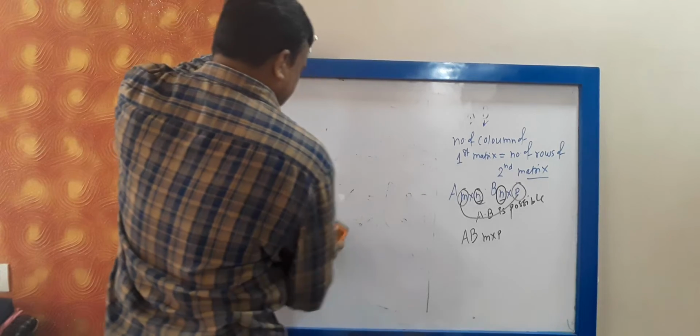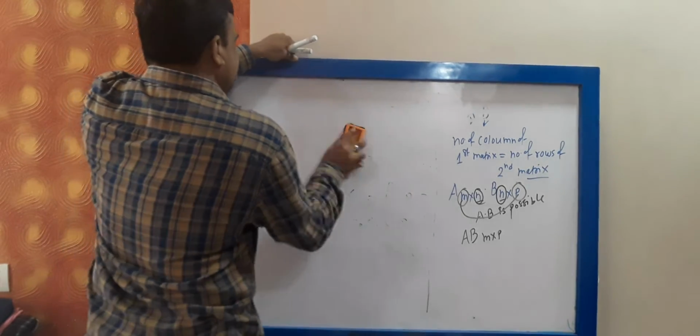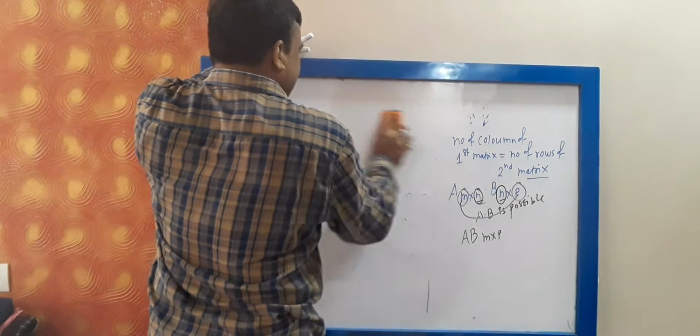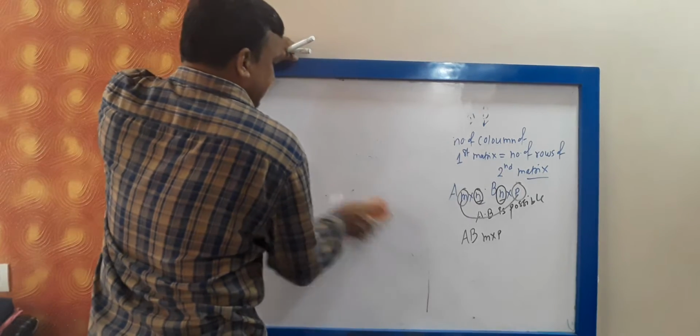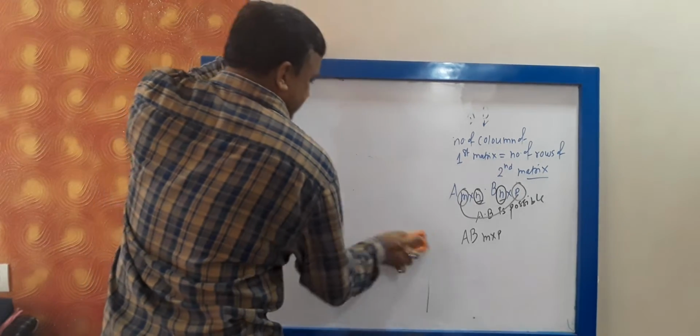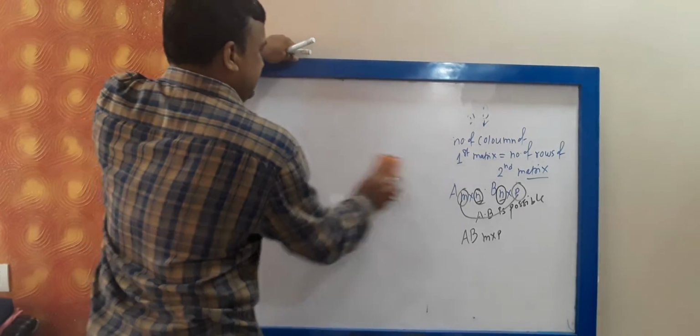You clear? So my dear, you have to pay attention that matrix addition is commutative, matrix subtraction is not commutative, and matrix multiplication is not commutative, because A dot B is not equal to B dot A always.